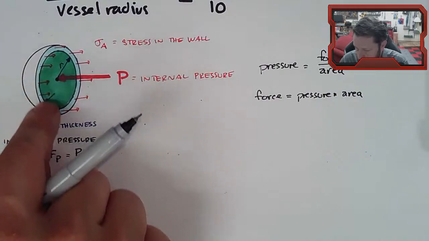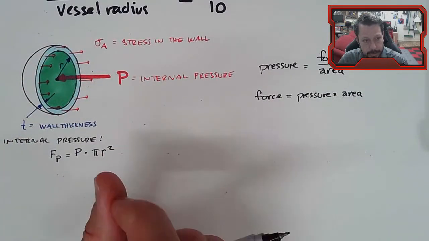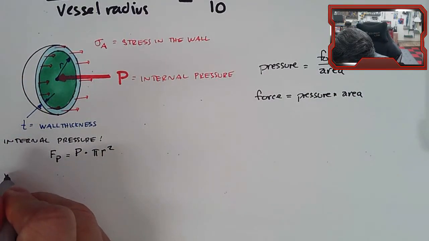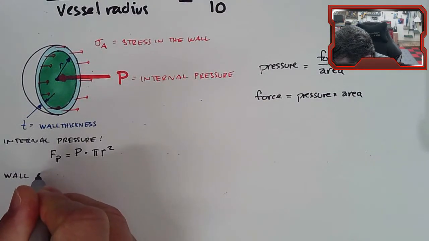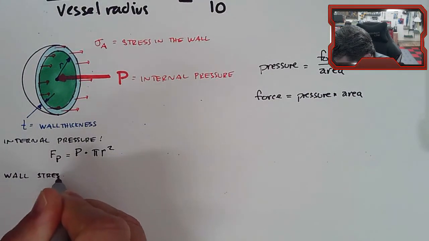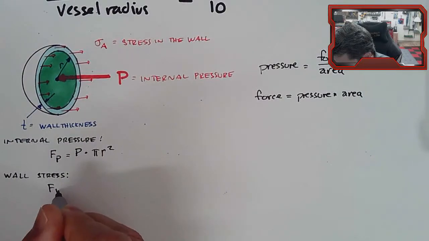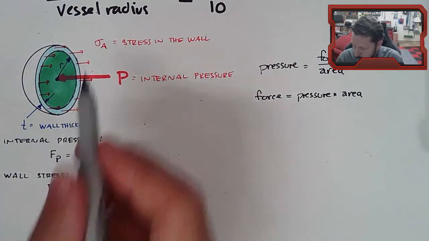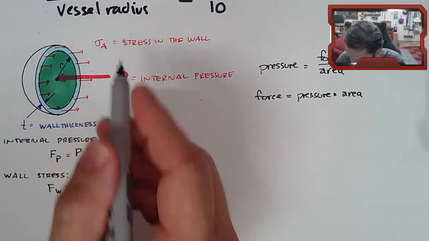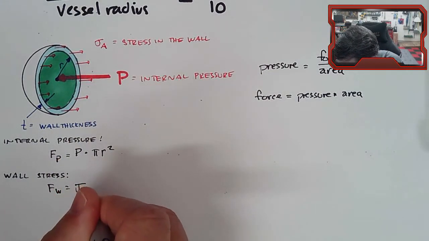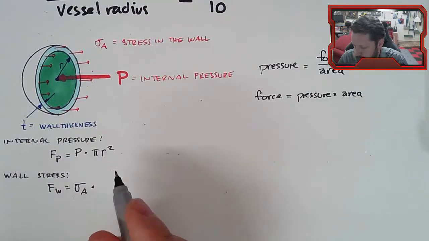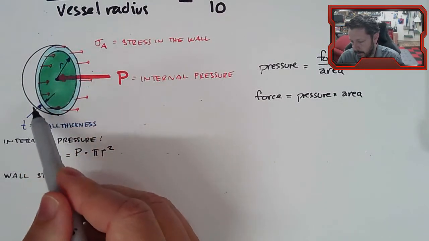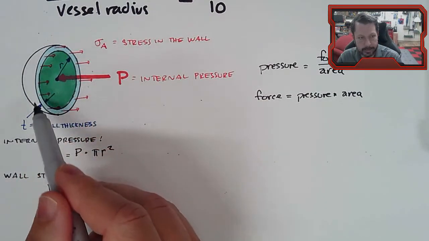The stress, the wall stress, has a force associated with it. So let's do the same thing. The force associated with the wall, we'll call it Fw. That equals the stress associated with the wall, sigma A is what I labeled that, times the area that it acts on, so this light blue ring here.